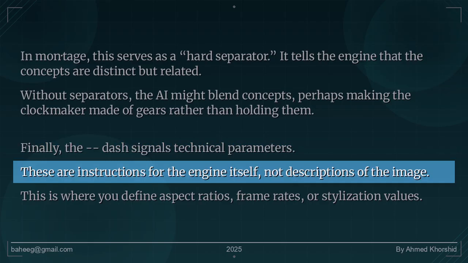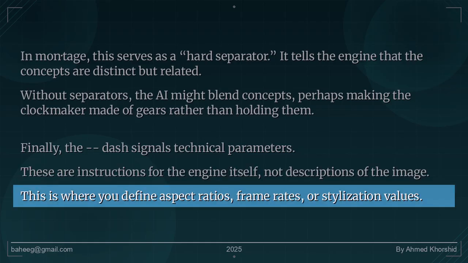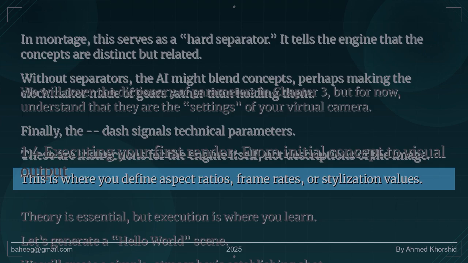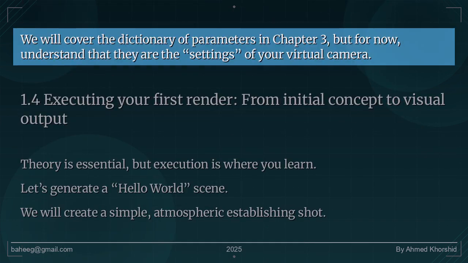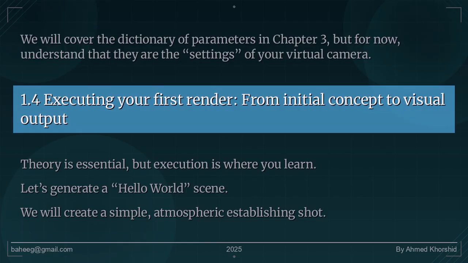These are instructions for the engine itself, not descriptions of the image. This is where you define aspect ratios, frame rates, or stylization values. We will cover the dictionary of parameters in Chapter 3, but for now, understand that they are the settings of your virtual camera.